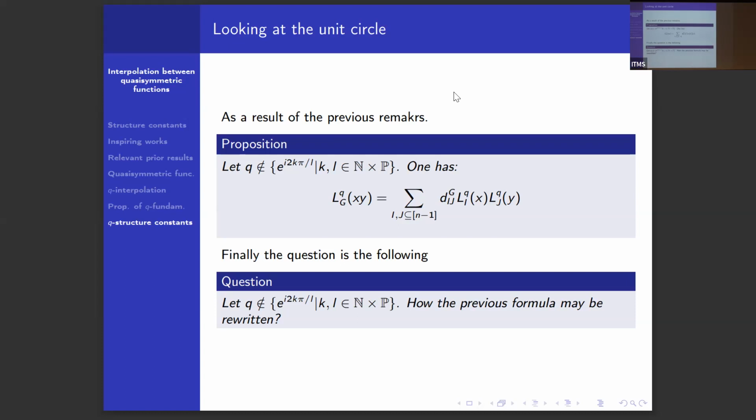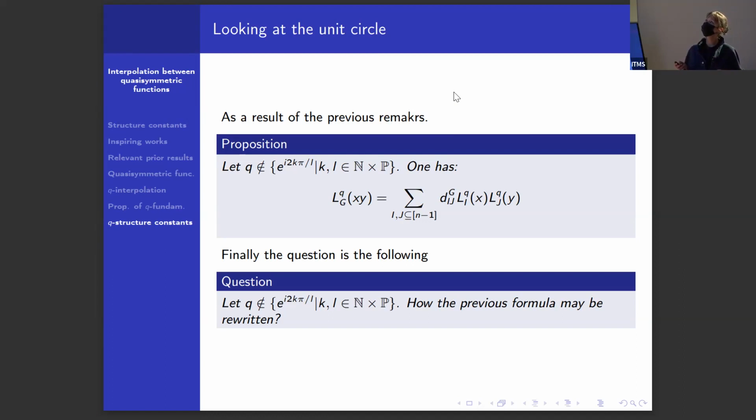And the second interesting open question, and here I will finish my talk, is what happens for the other q's roots of unity? For q equal 1, it's the only value that we know.